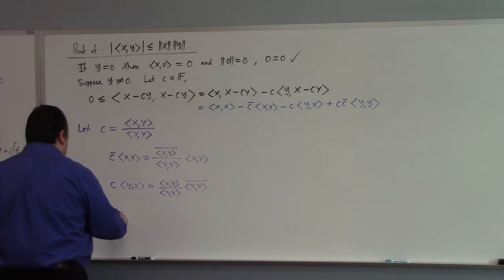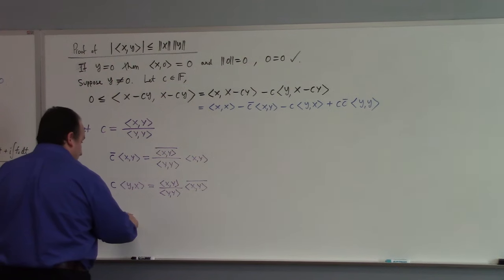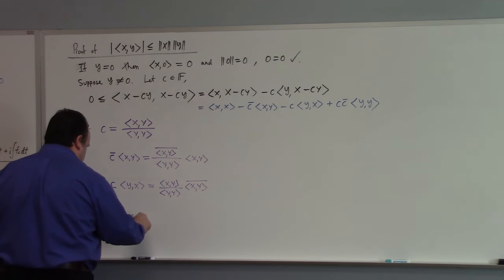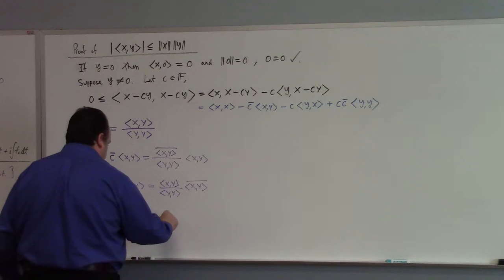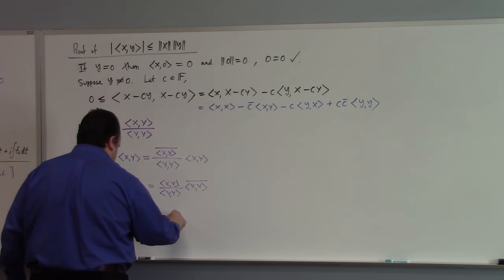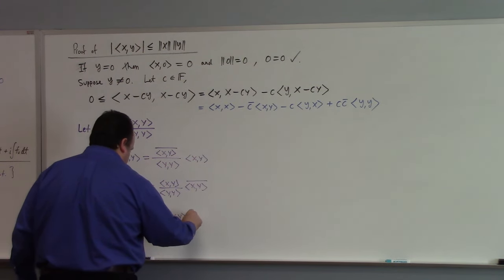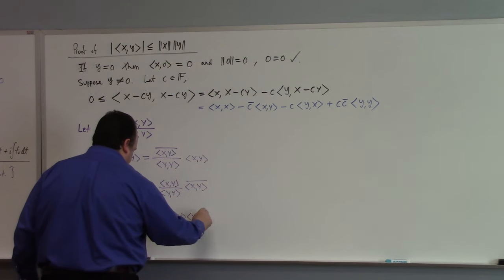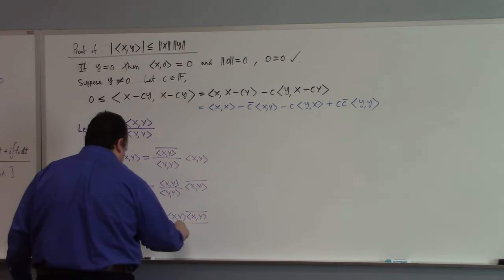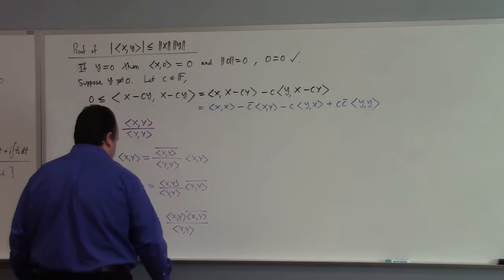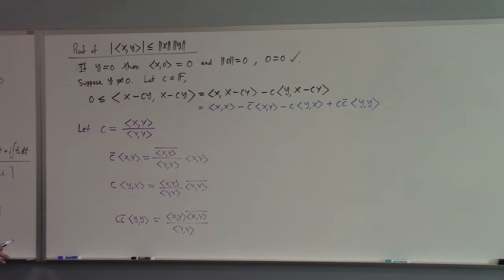And notice also that c bar times the inner product of y and y is equal to the inner product of x and y with the complex conjugate of the inner product of x and y, divided by the inner product of y and y. Because the y, y, there's two of them, they cancel. So what does this mean?